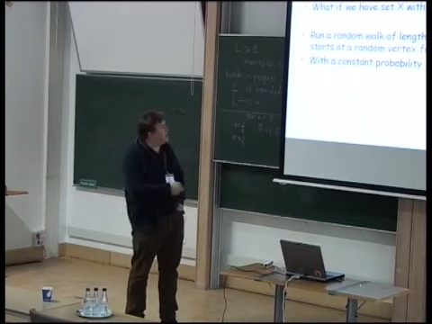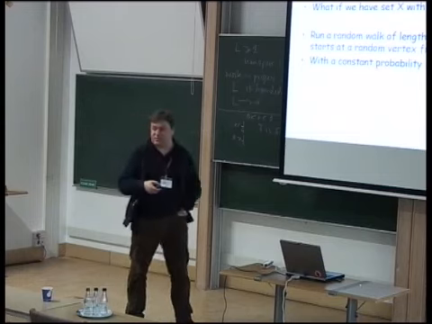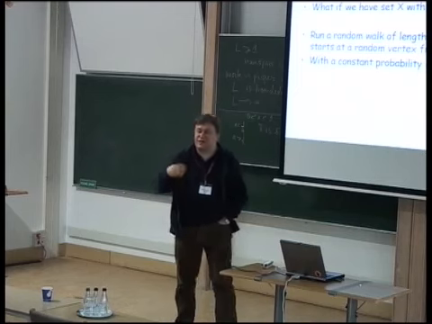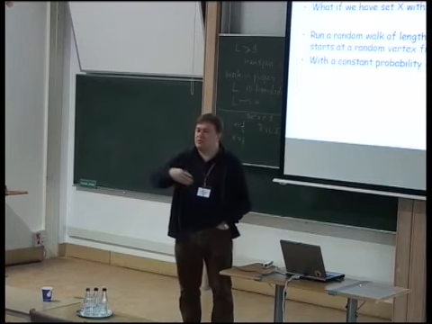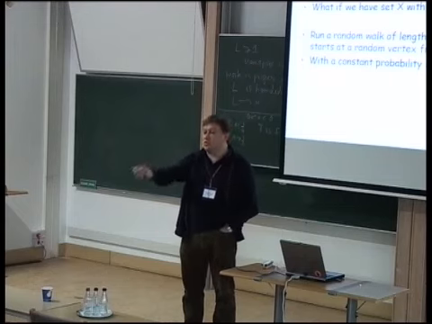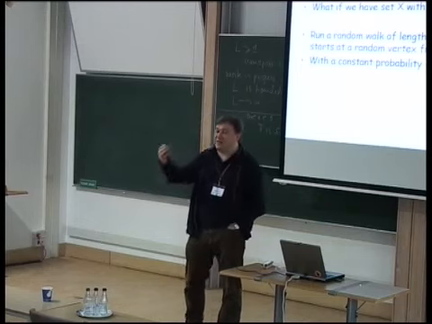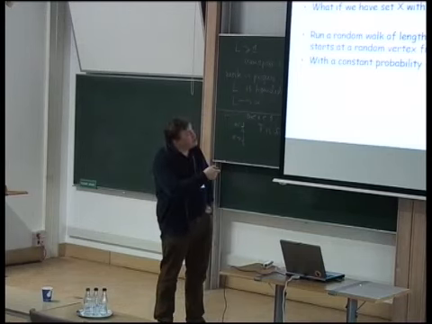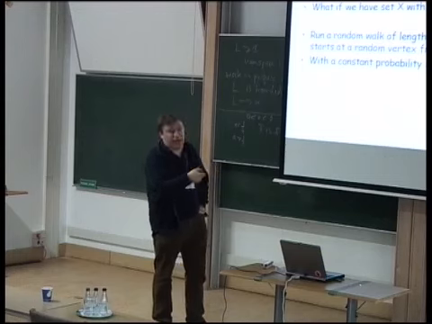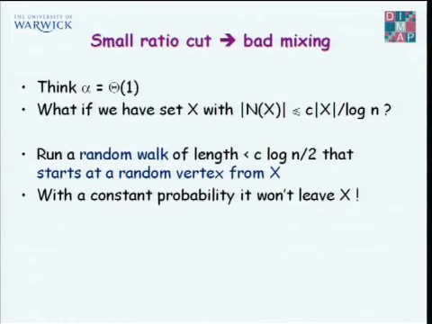And suppose we are running a random walk of length c log n over 2. If we start this random walk at a random vertex from X, then because the stationary distribution of the random walk is the uniform distribution, you expect that after c log n over 2 steps, you will visit c log n over 2 vertices.